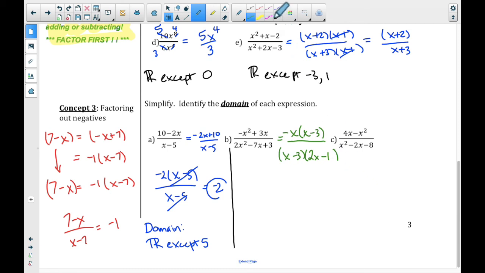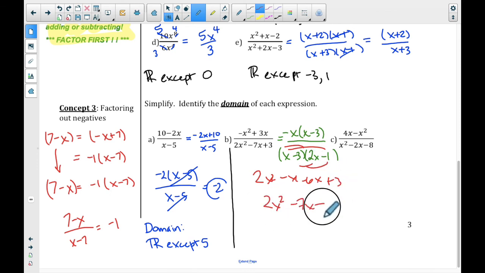That's my guess. Here's my check. My check is 2x squared minus x minus 6x plus 3. That's 2x squared minus 7x plus 3. That's what I had before. I did it right. So this is the correct factored version.